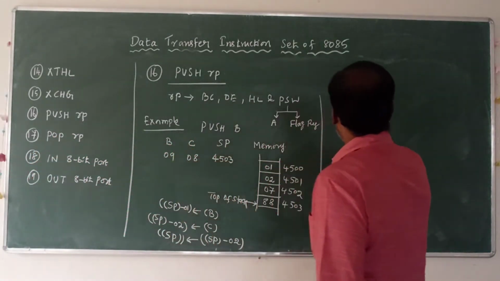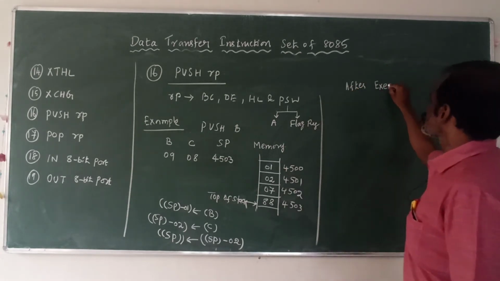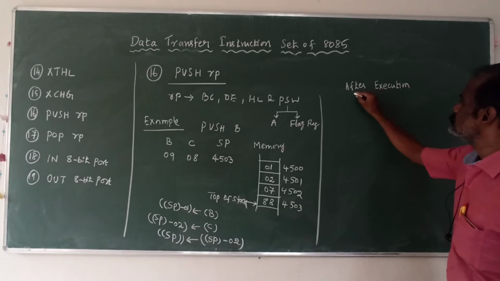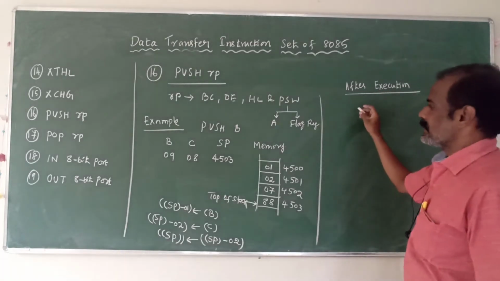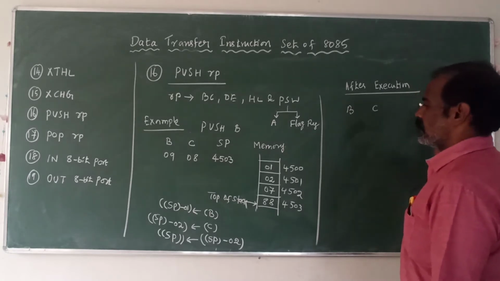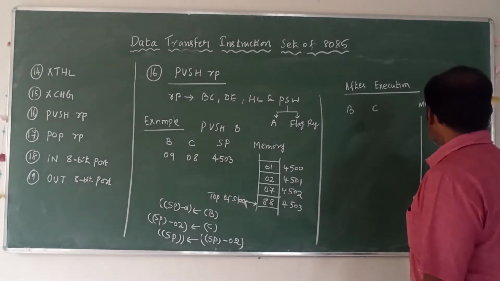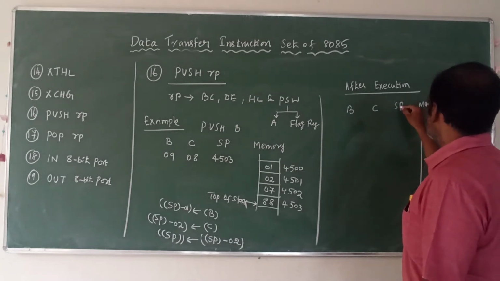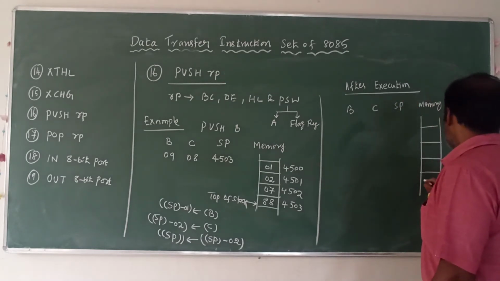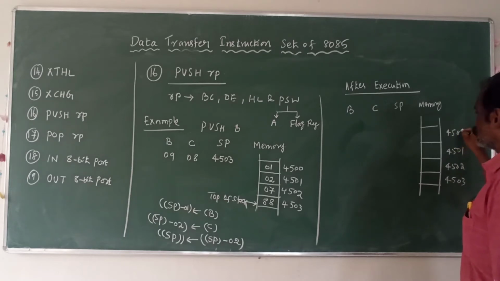After execution of this instruction, this is for B and C and the memory. Now the stack pointer address is at present 4503, with 4502, 4501 and 4500 below it.